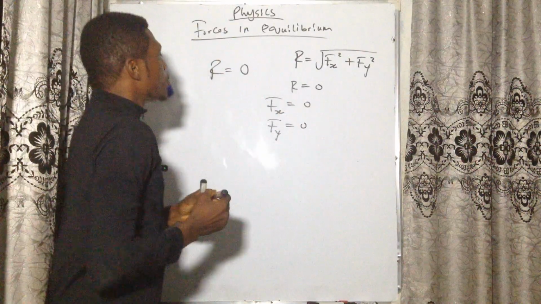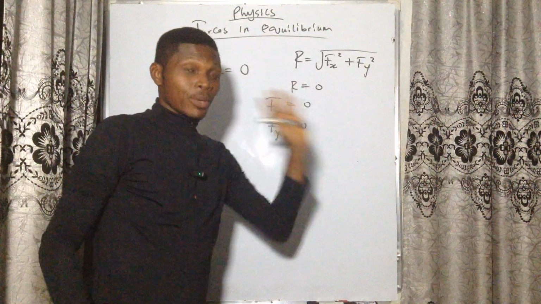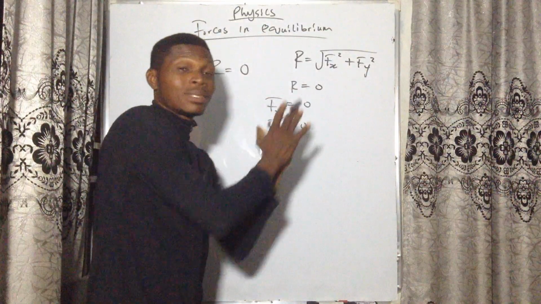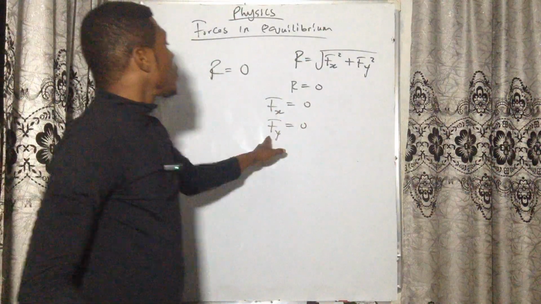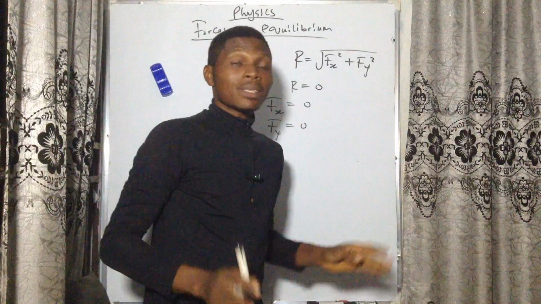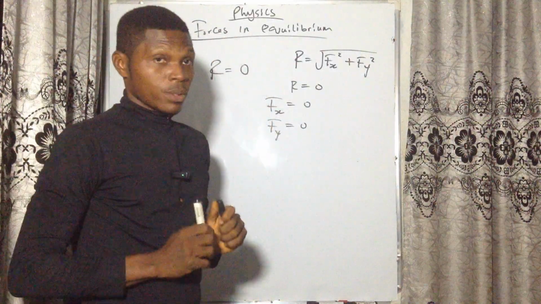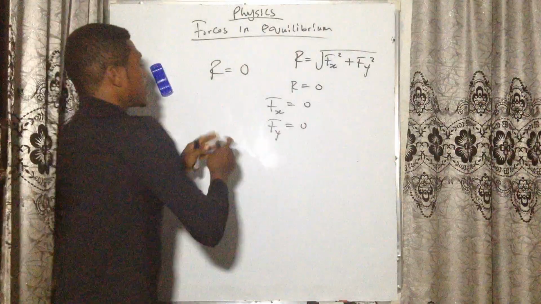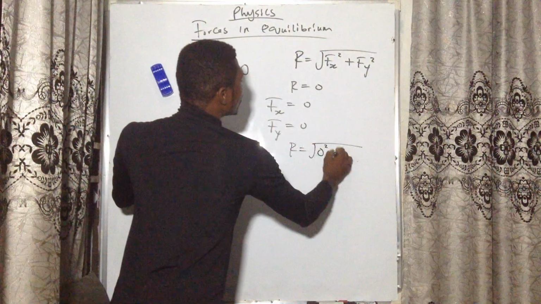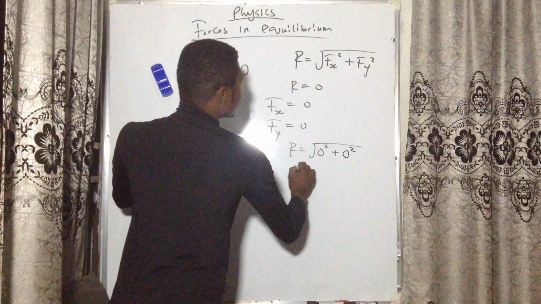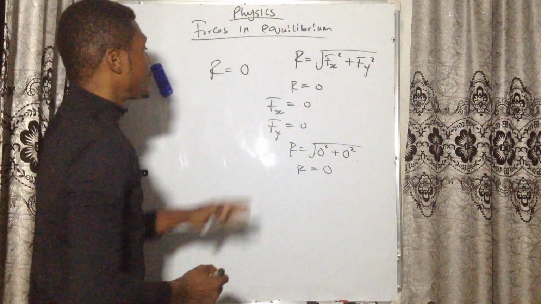That is the sum of all the horizontal components of the forces acting on that body or that system is what? 0. Also, the sum of the vertical components of the forces acting on that body or that system is equal to what? 0. Do you understand? So if this happens, it means that R is equal to the square root of 0 squared plus 0 squared. We have R is equal to what? 0. You see? So this is from the first condition.